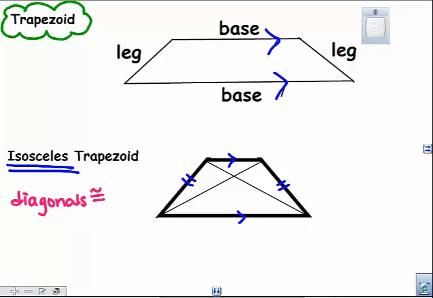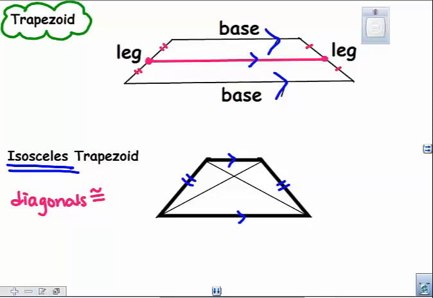Okay, now the other thing you may need to know about trapezoids is if we have the midpoint of each leg and we connect them, okay, that's called the mid-segment. Remember in triangles, when you went midpoint to midpoint, that's a mid-segment. Okay, so that's the midpoint there and the midpoint here. Okay, it will be parallel to the bases, so all 3 of these are parallel.